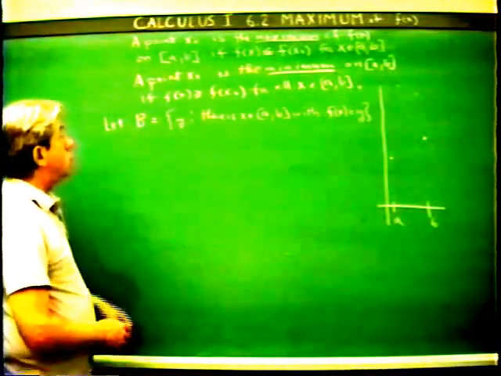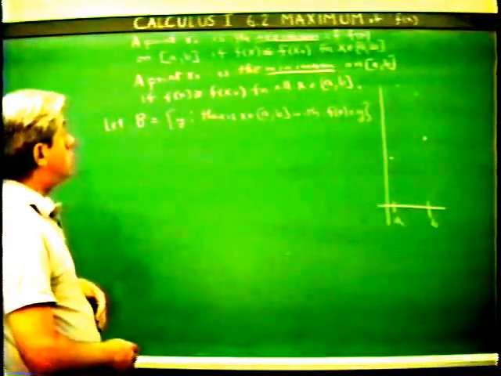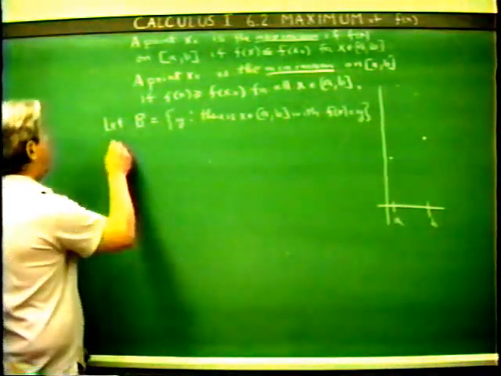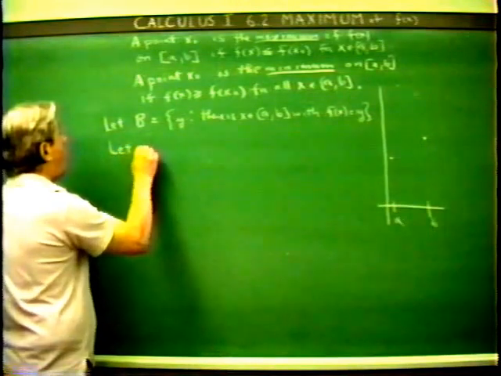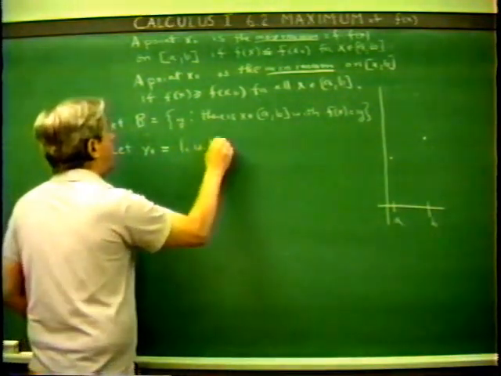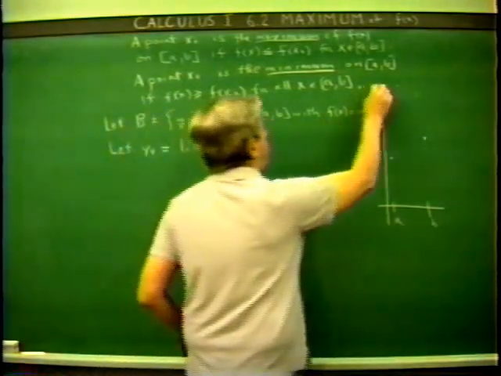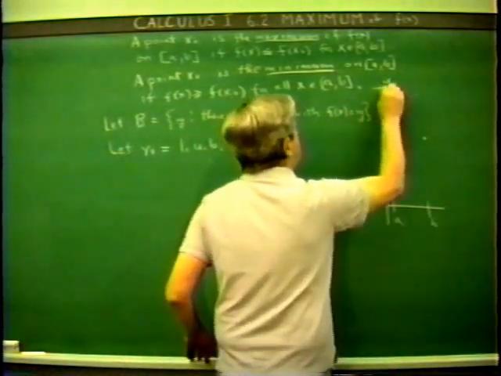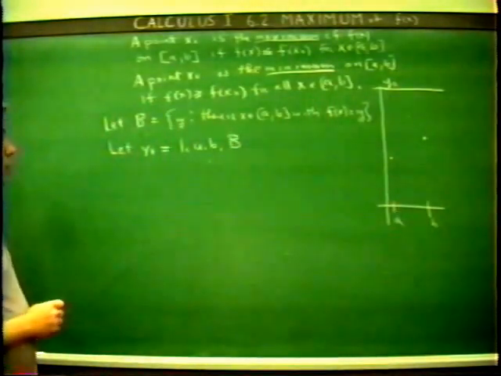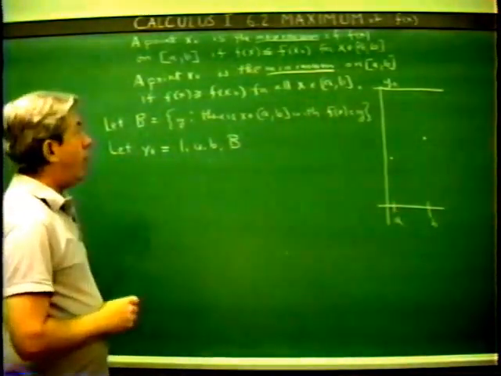All right. And B is bounded above, and so we can let y naught be equal to the least upper bound of the set B. So here might be y naught. The function is never any larger than y naught on the interval AB.